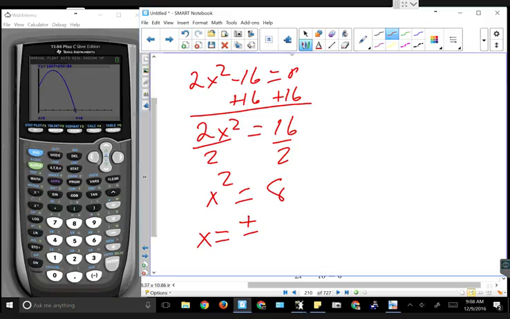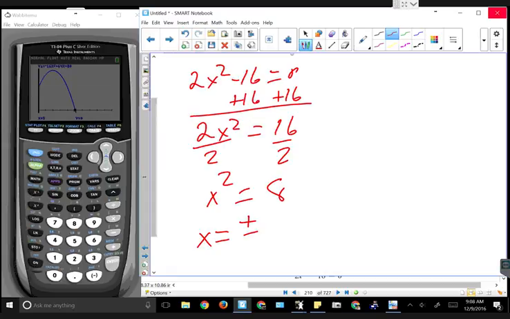Now, this stuff that I slammed down first is all basic stuff. You guys should be able to do it just as fast as I was doing it. So now, 8. Question: is there a factor that's a perfect square in 8? Think of the factors of 8. You've got 1 and 8, 2 and 4. 4 is a perfect square.